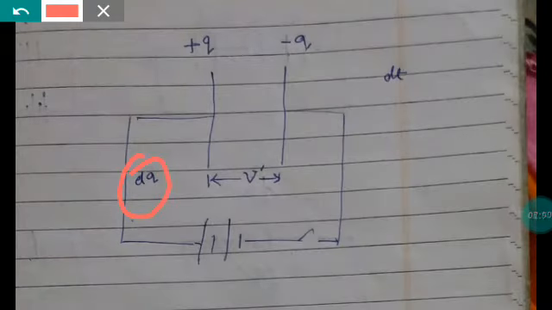Now dq is the charge which is coming out from the first plate and going to the negative plate for a time duration dt. This is a very small, you can say negligible, time duration.